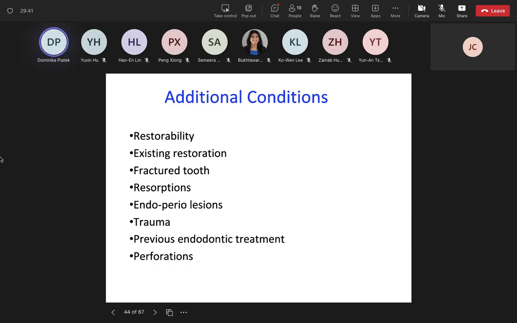So then we can do perforation on a crown area, but also we can observe perforations at the root area, when we may be working with too big forces, for example, too much force, and we can do some perforations at the area of the root canal apex, but also at different levels of the root canal.